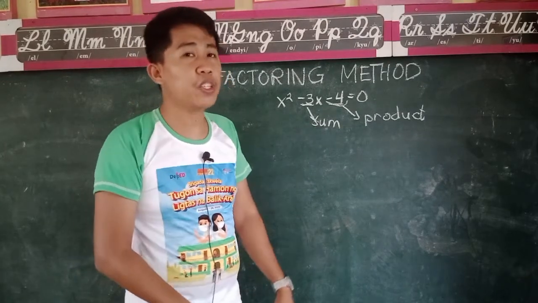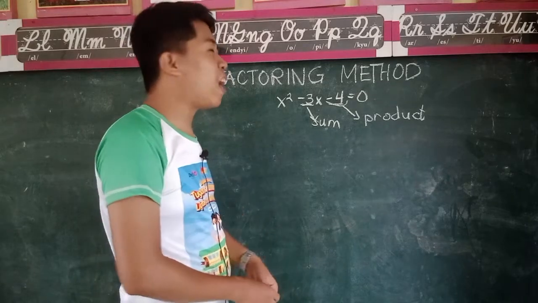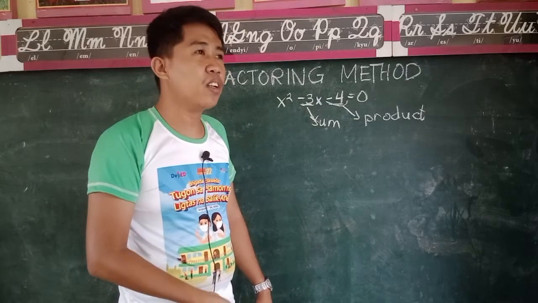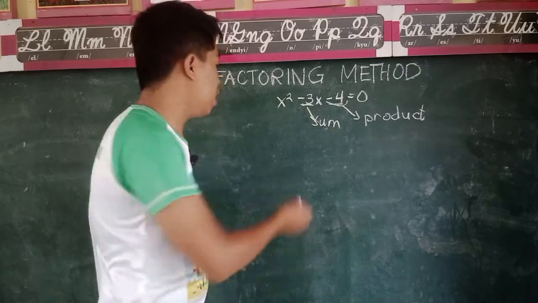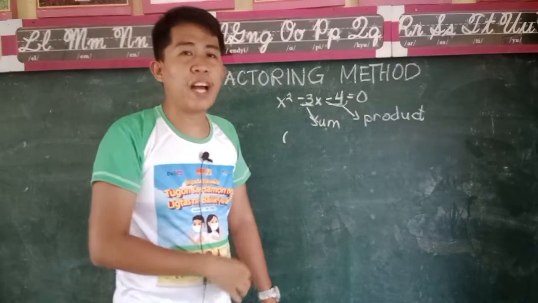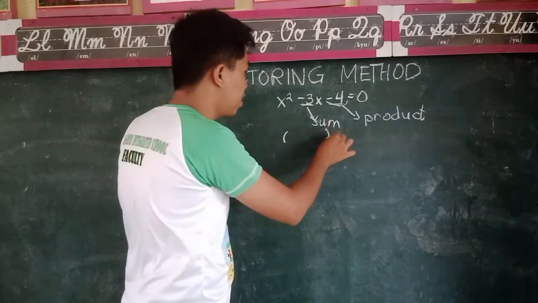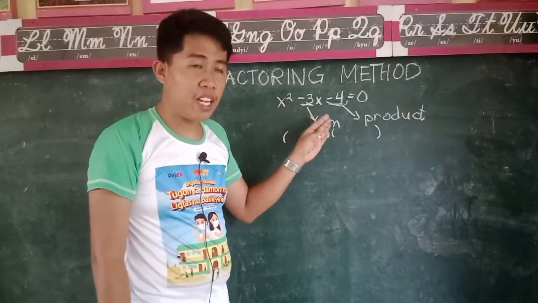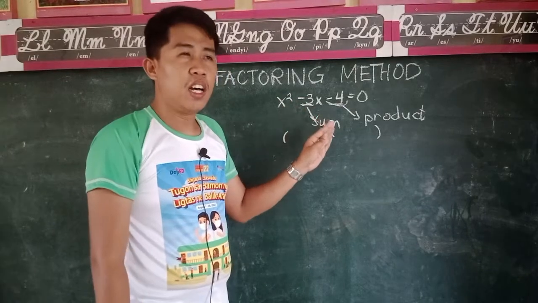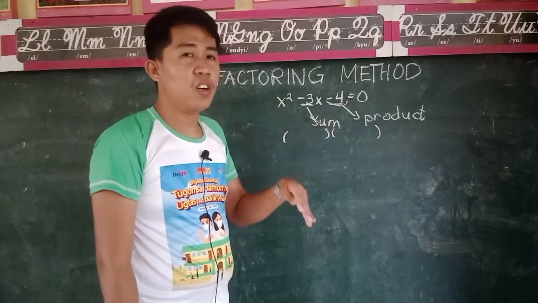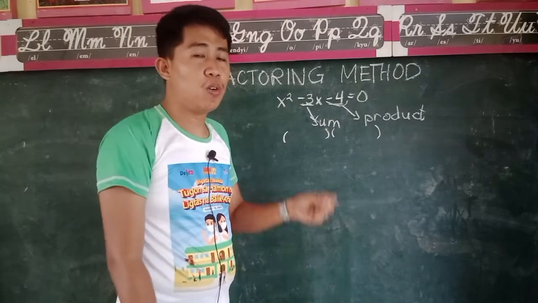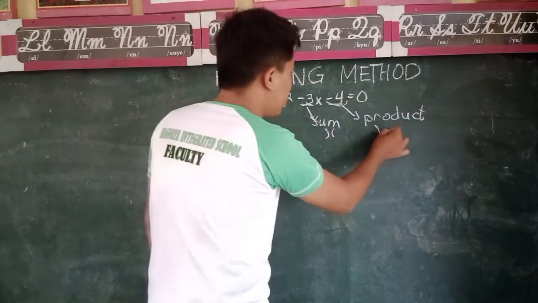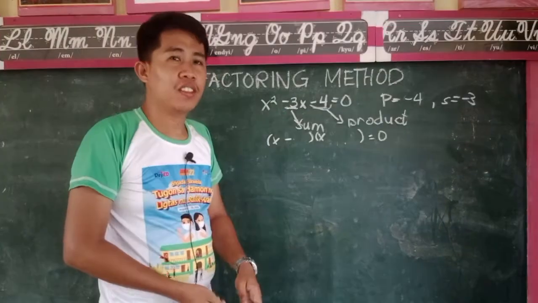Let's always put in our mind that the factored form of a quadratic expression is always in the form of a product of two binomials, if it is a trinomial. If it is a binomial or in another format, it has another form of factored form. So let's equate it to 0.